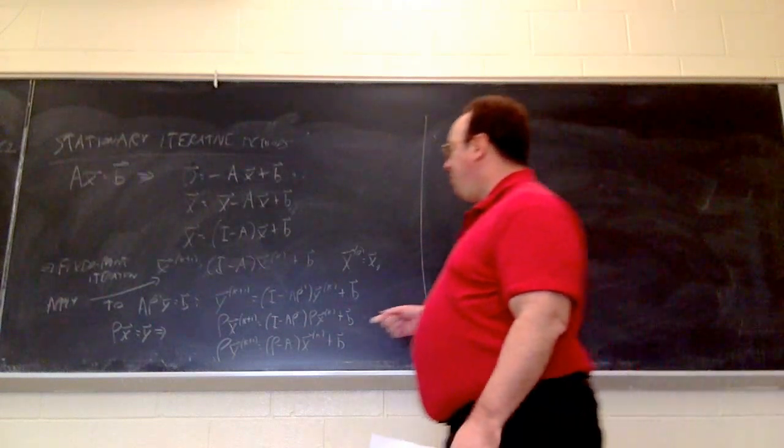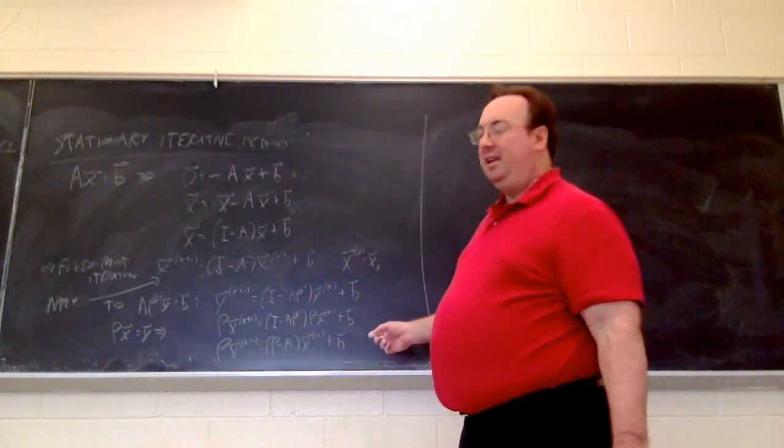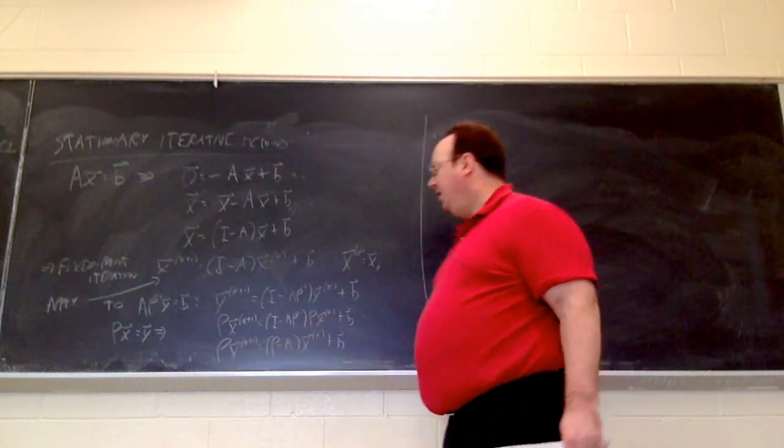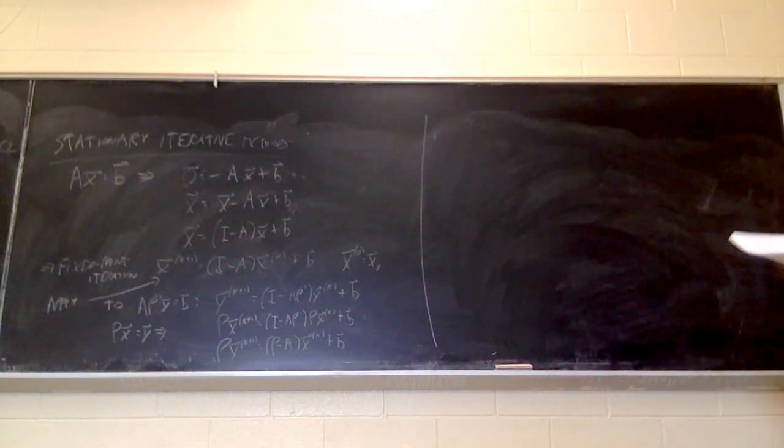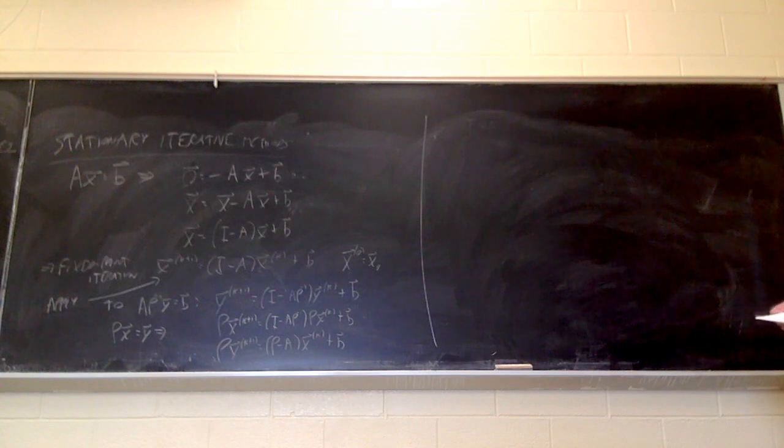So really, P is playing the role of M, and then this would be N. But I want to reinforce that the role of P in this case, which we referred to as M before, like in 610 or most books on iterative methods, is that of a preconditioner.